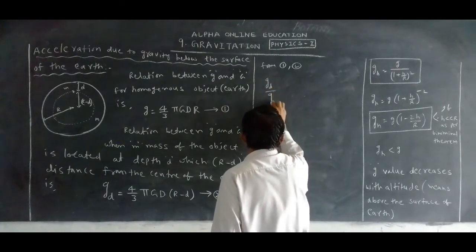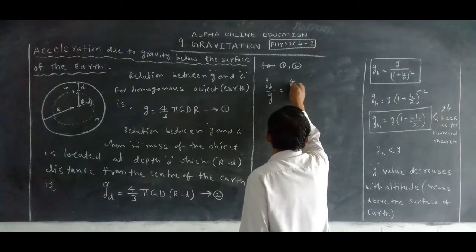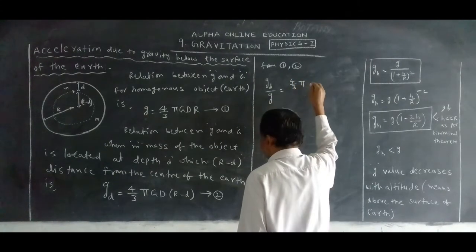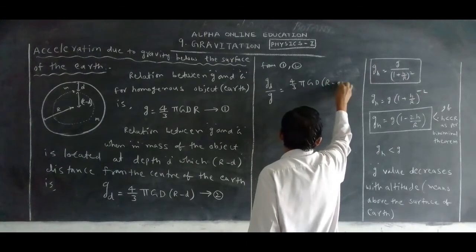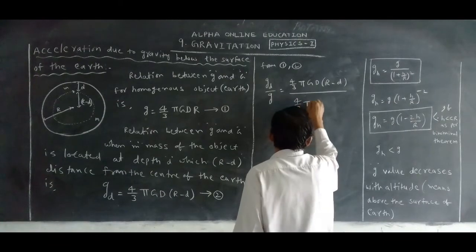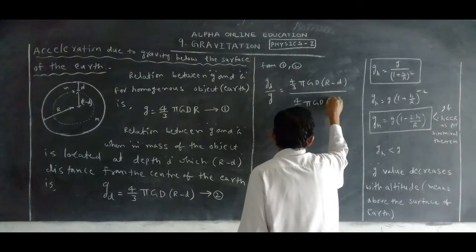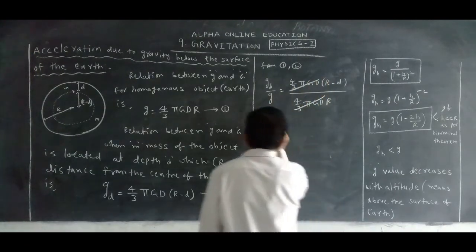g_d by g is equal to 4 by 3 pi G D (R minus d) by 4 by 3 pi G D R. These all cancel.